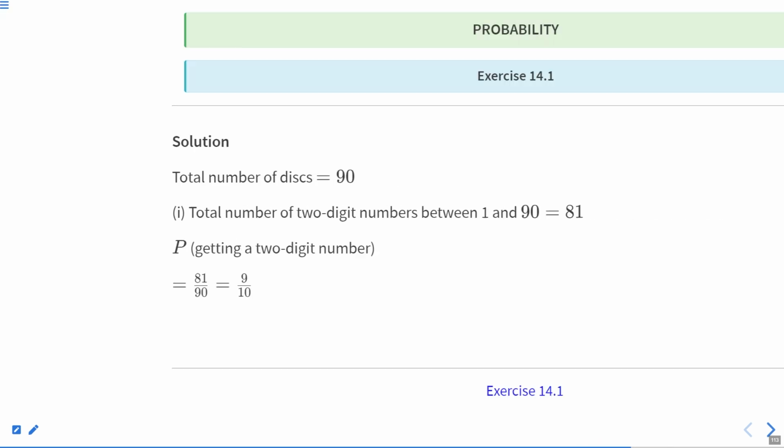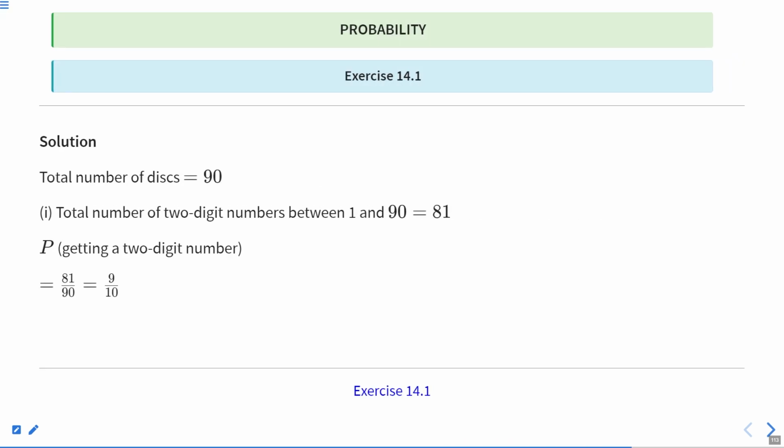Here the total number of discs is 90. The total number of 2-digit numbers between 1 to 90 is equal to 81.